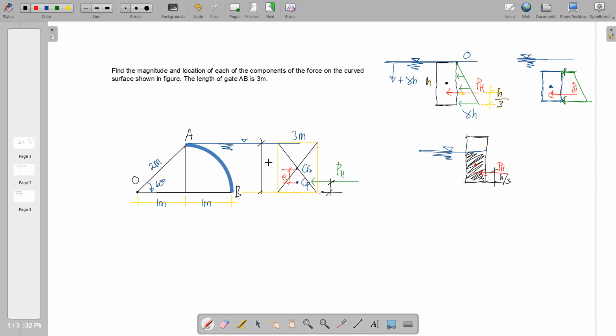So if I'm going to label this as X, therefore this is X all over 3. So we wanted to determine the value of X for the sake of H bar, because H bar can be used on the formula of the horizontal pH.